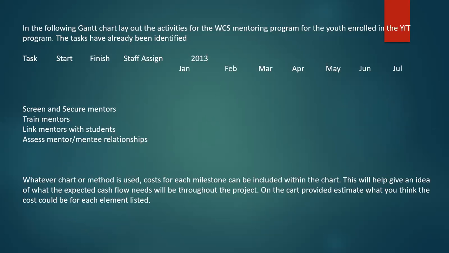Whatever chart or method is used, costs for each milestone can be included within the chart. This will help give an idea of what the expected cash flow needs will be throughout the project. On the chart provided, estimate what you think the cost could be for each element listed. Okay, so that means that when we talk about costs, because the grant is going to last for 12 months, every month you're going to allot, let's say you got a grant for 12,000.